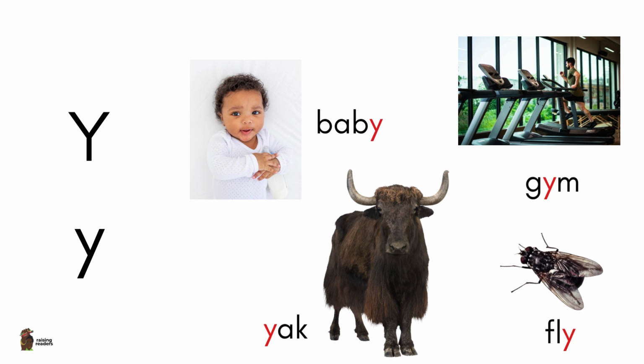So Y makes all of the I sounds. I makes all of the Y sounds. Y makes the Y sound like in yak and yucky. And then it also makes the I sound like in fly. And it also makes the E sound like in baby.